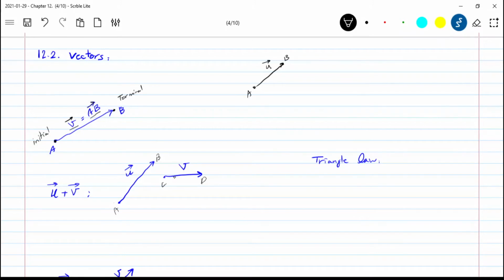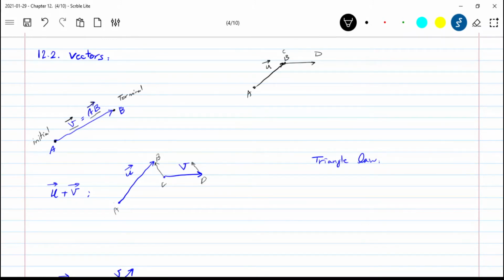But what you can do when you add 2 vectors is assume that B and C are the same point and continue until you reach the point D. So CD is just moved up to here.